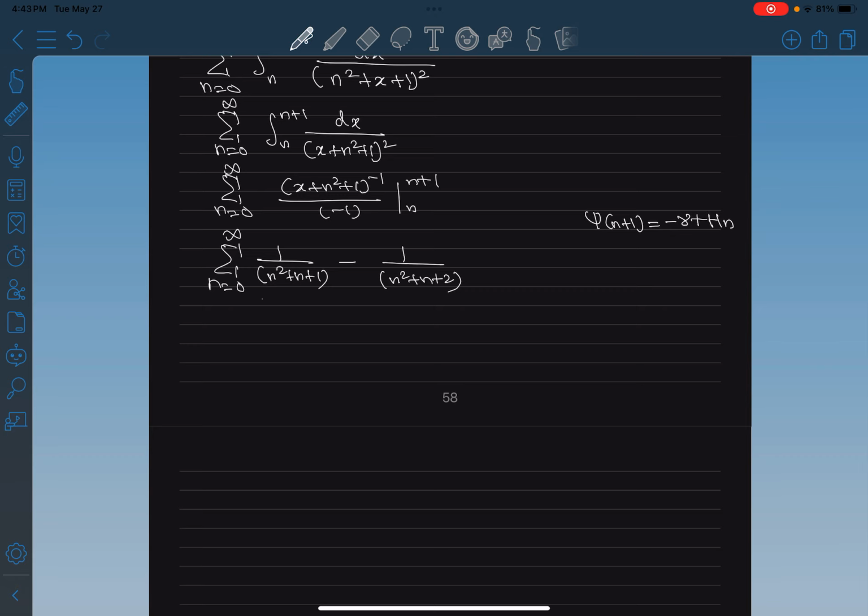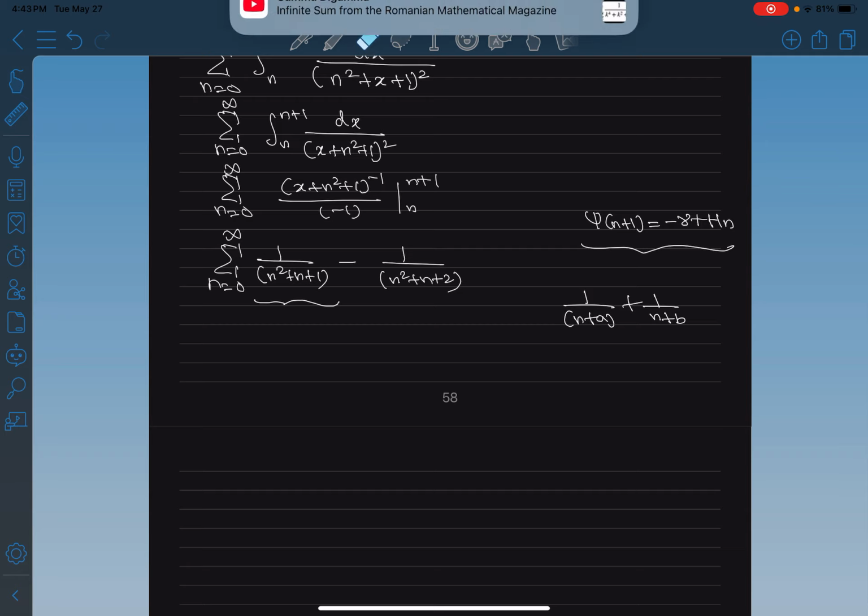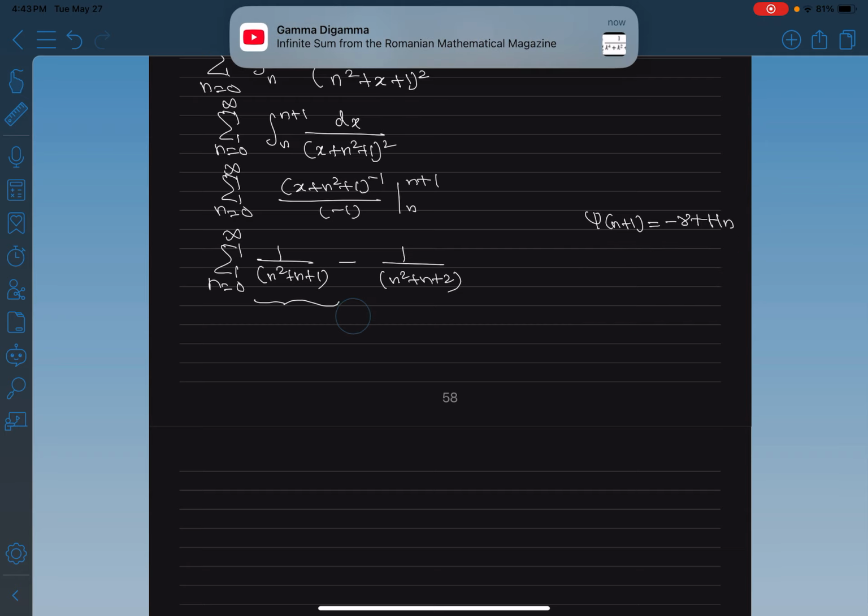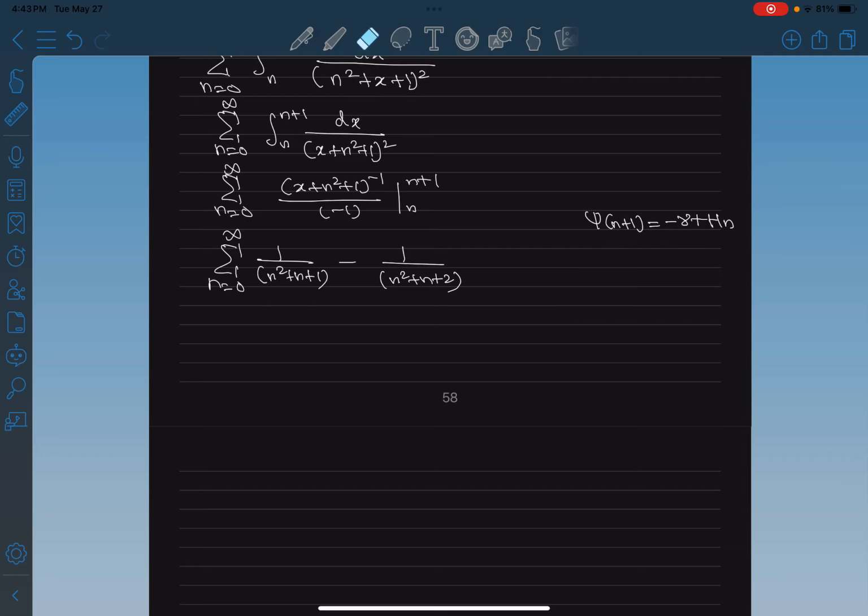So we can break these into a fraction in n plus a, a fraction in n plus b, something like that, and then invoke this identity. So let's see how we actually do it. I'll go step by step, and in the process maybe you will be more clear on it.